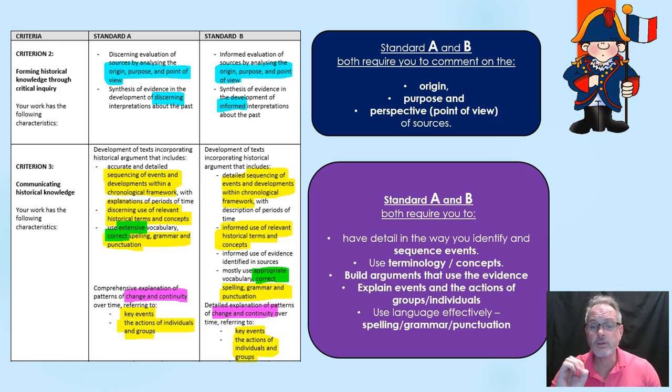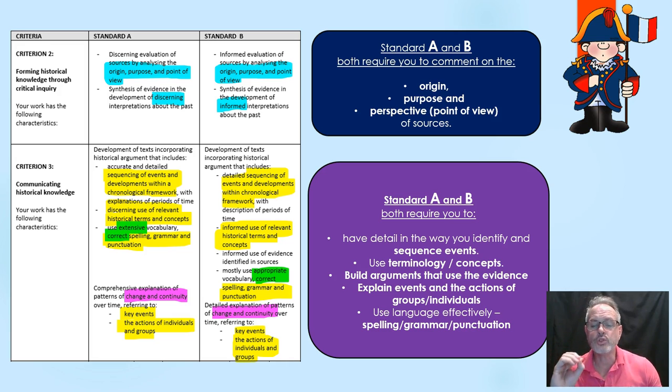So an A and a B standard both require you to have detail in the way that you sequence your events, making sure you're accurate, what comes first, what happens next, what's going on at the same time, the sequence of events. Make sure you use terms and concepts correctly, that's where study comes in. Build up arguments based upon the evidence, so the evidence you're using makes a point.